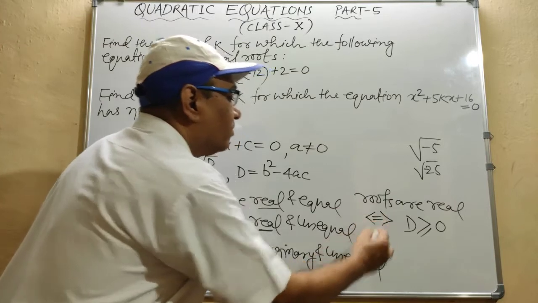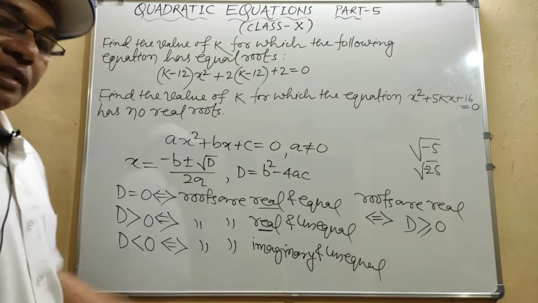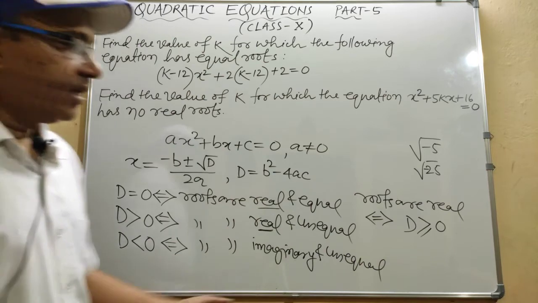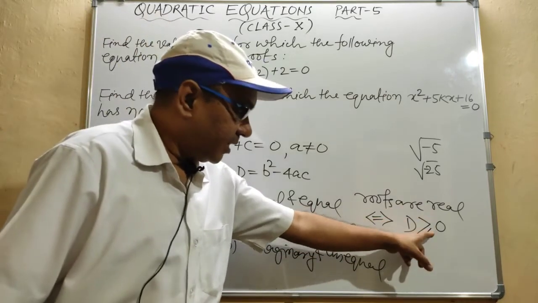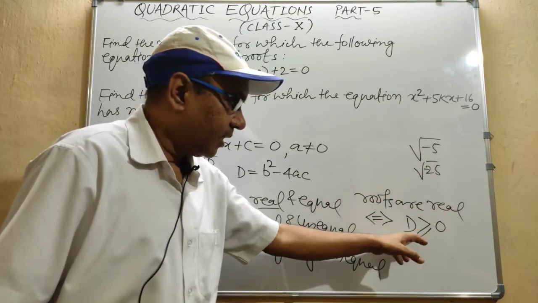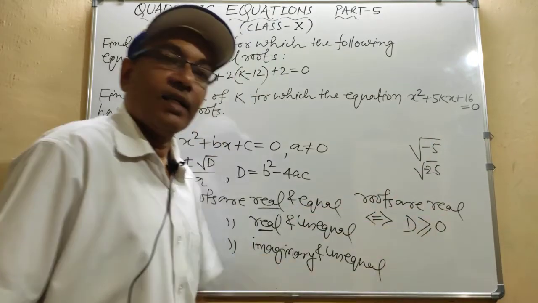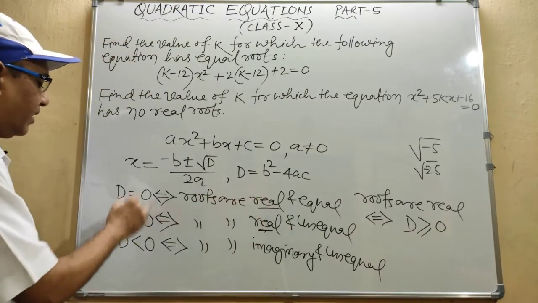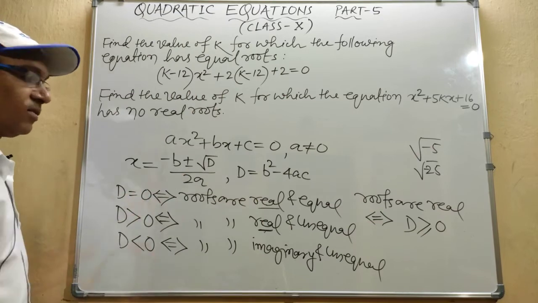It is true from both sides. If d is greater than or equal to 0, roots are real. इक्वल के केस जब ये इक्वल टू 0 होगा तो रूट्स आर रियल एज वेल एज इक्वल. जब ग्रेटर होगा तो रियल होगा, साथ में अनइक्वल होगा. तो ये दोनों केस में रियल होता है, आइदर ग्रेटर और इक्वल टू 0.